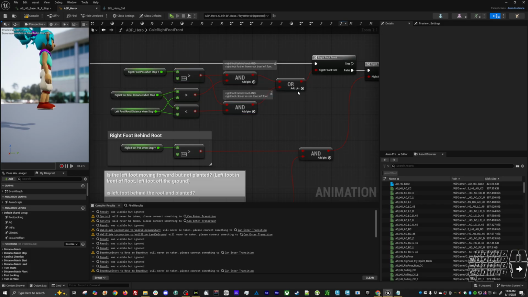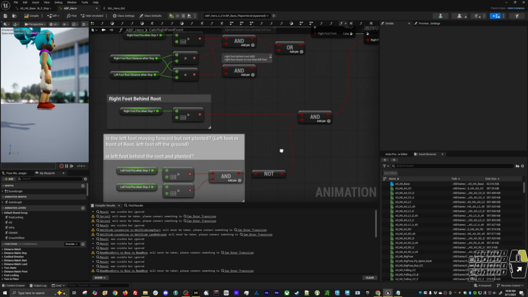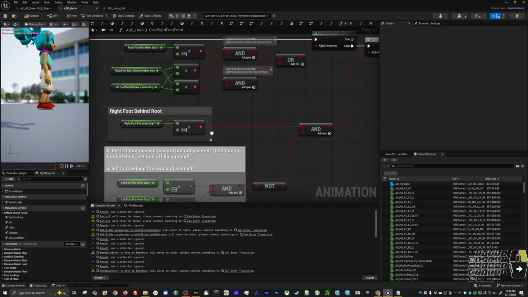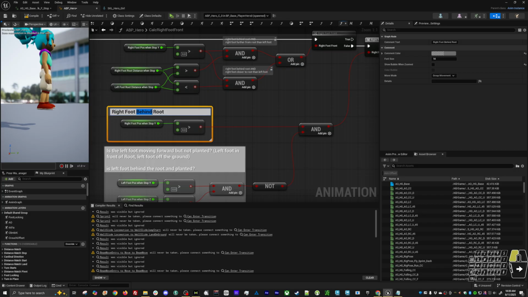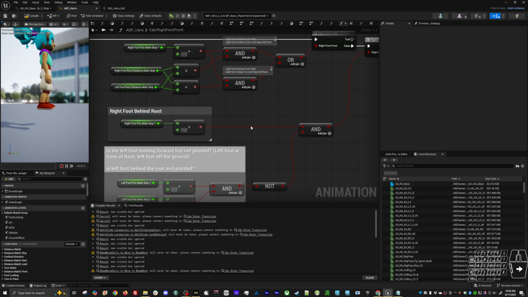So that means that if the right foot is behind the root, it kind of doesn't matter at that point. But we're also checking, oops, this is not behind the root. Yeah, that's behind the root, because a negative value was behind the root.